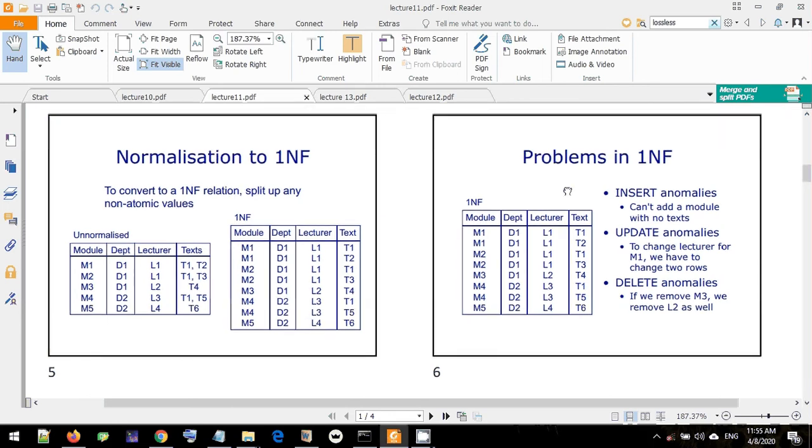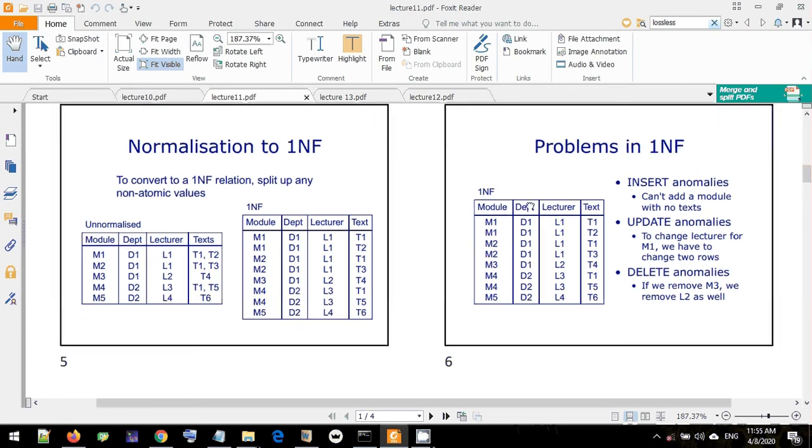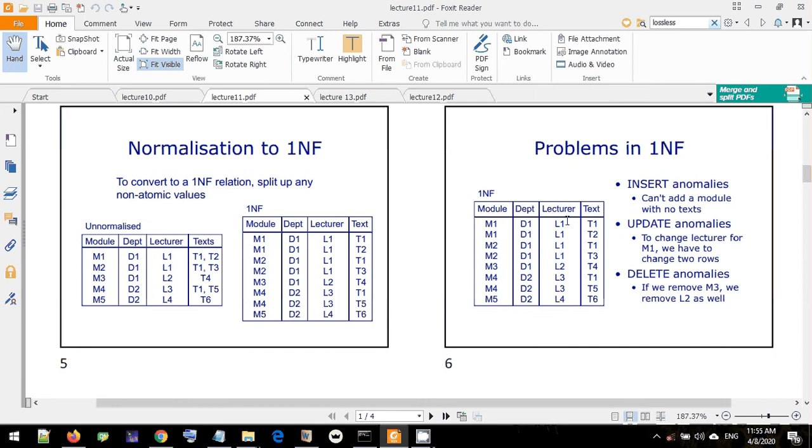Some of the problems we observed in normalizing to the first form is that we have insert anomalies, and in this normal form we notice that we cannot add a module. Let's say we add m1, we'll be forced to add text, so we cannot add a module without the text.